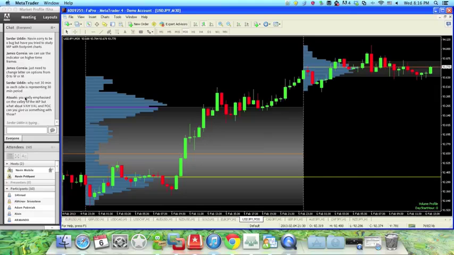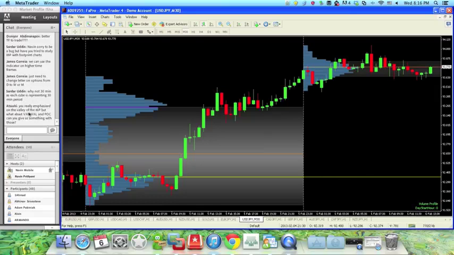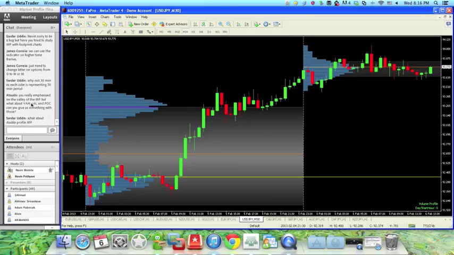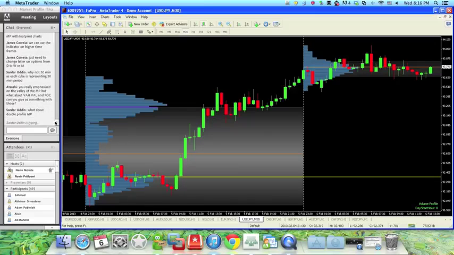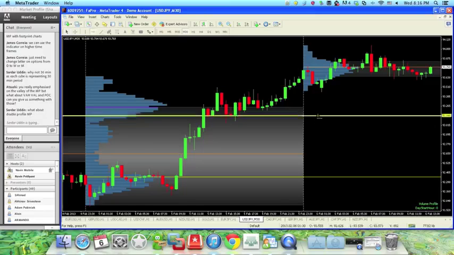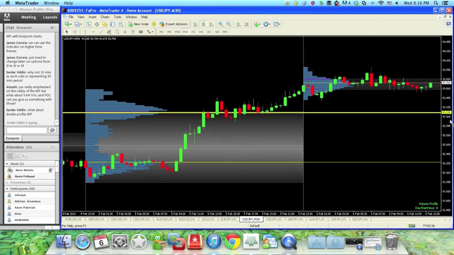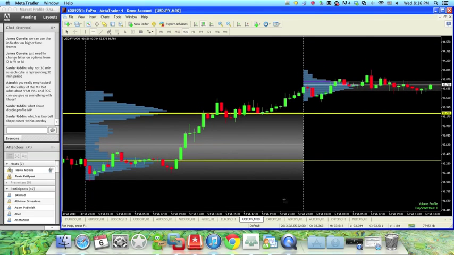Why not 30 minutes? Okay, you really emphasize the valley of the MP, but what about the value area high and value area low and POC? Can you give us something to work with those? Now the thing with this is when you have your value area highs and lows, they hold significance.